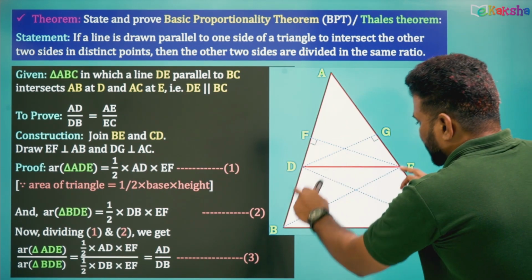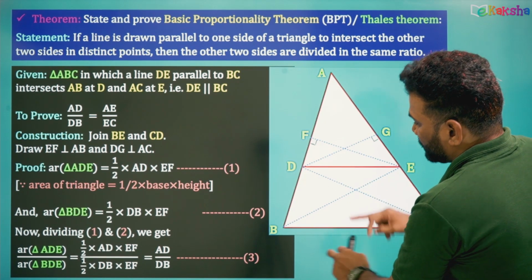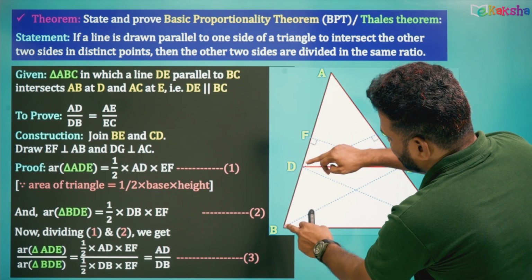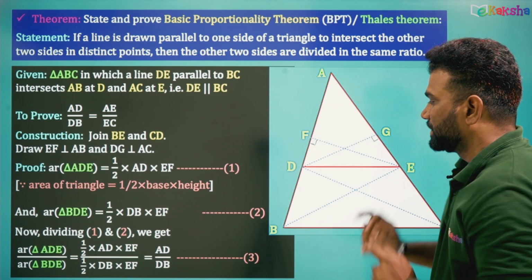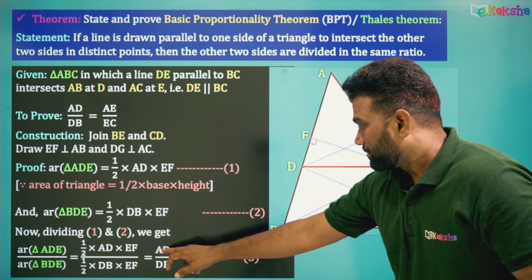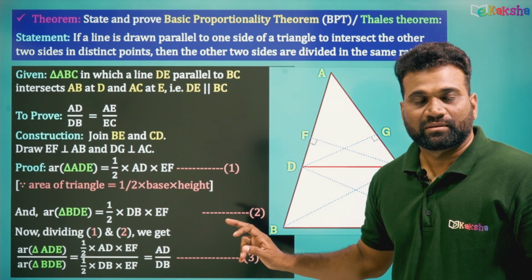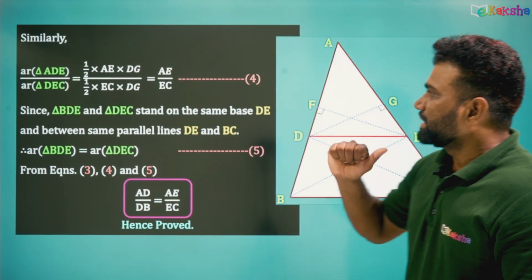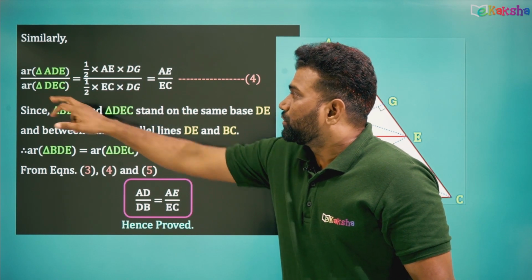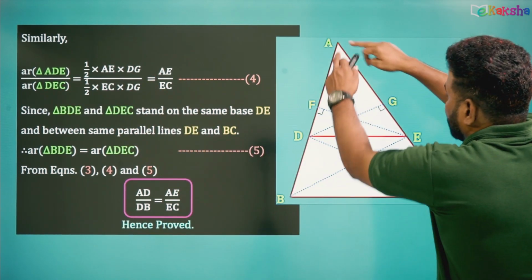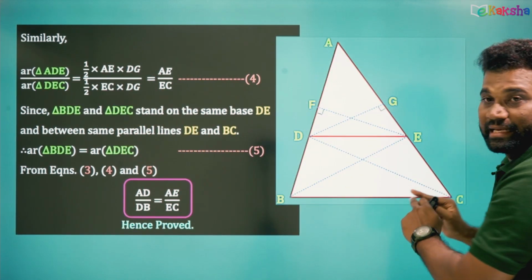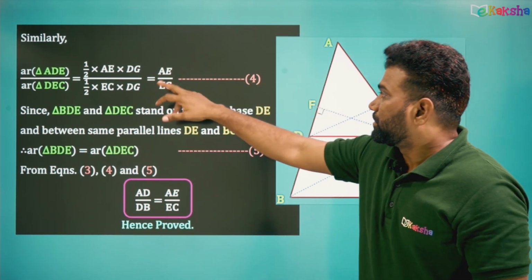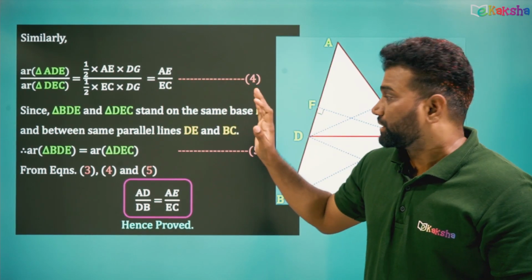Similarly, in this triangle, area is half into base into height, half into BD and height EF. So on dividing these two equations, we have got AD over DB, right? Next, similarly, area of triangle ADE over area of triangle DEC, that is this triangle's area over this triangle's area. From this we have got AE over EC, this relation.